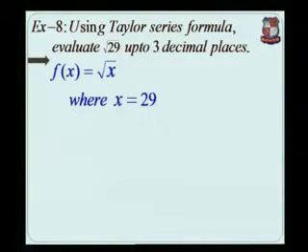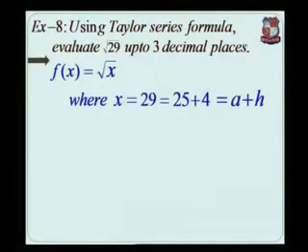Now we convert 29 into two numbers where one root is possible. For example, 29 is between 25 and 36, which are perfect squares. So either we convert it into 25 plus 4, otherwise 36 minus 7. But in this type of calculation we take x equal to 29, that is 25 plus 4. Now by the previous formula we know that x is equal to a plus h.